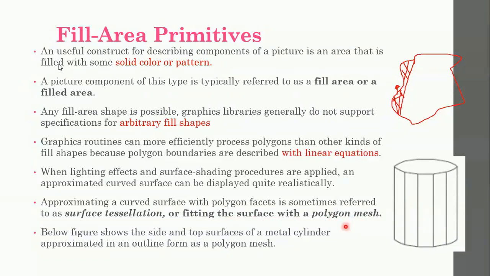The figure below shows the side and top portions of a metal cylinder approximated in outline form as a polygon mesh. You can draw any diagram or structure on the screen using a polygon mesh.